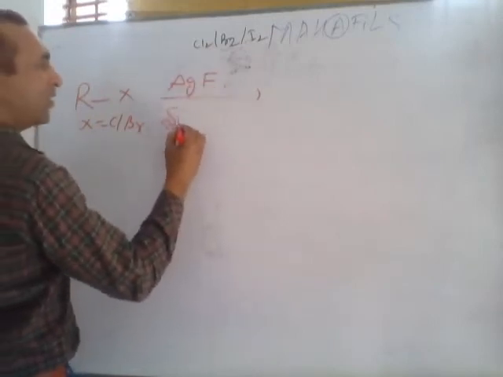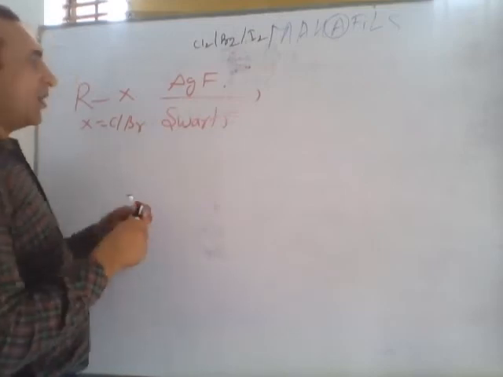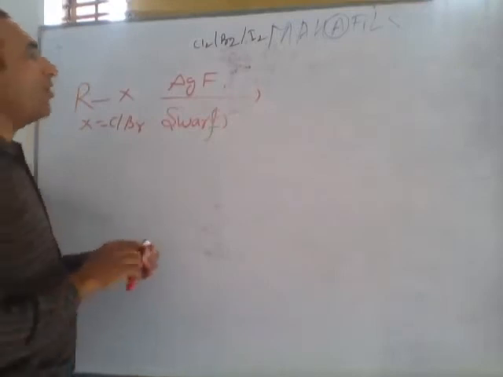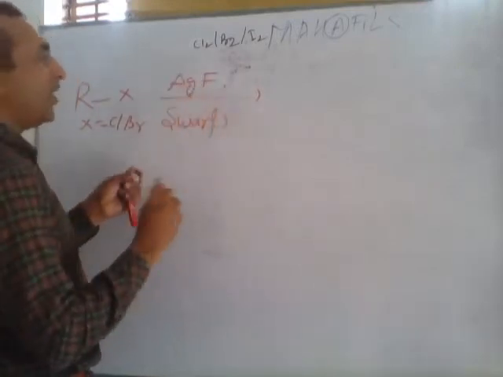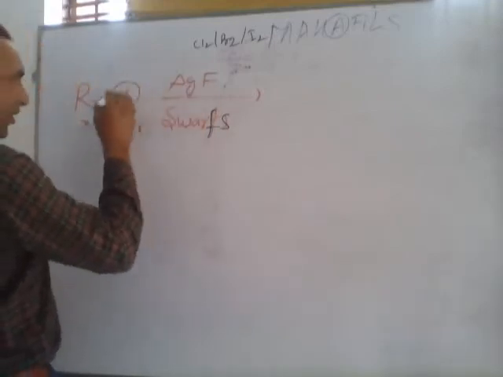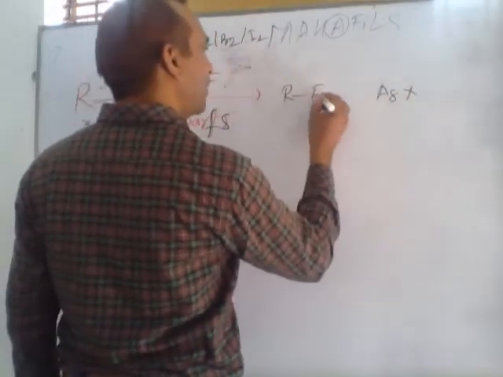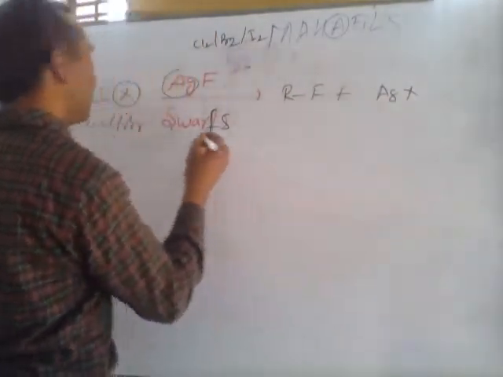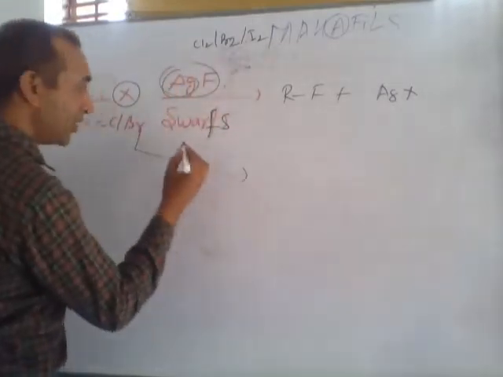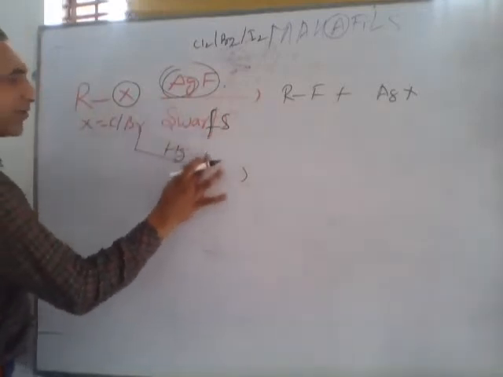This reaction is called Swarts: S stands for silver and F stands for fluoride. After reaction with AgF, RF is formed simply. Instead of AgF, we can also use Hg2F2.